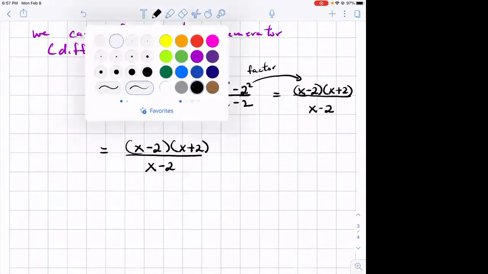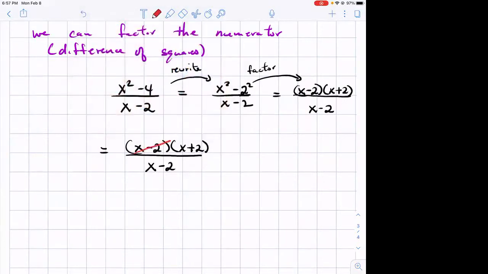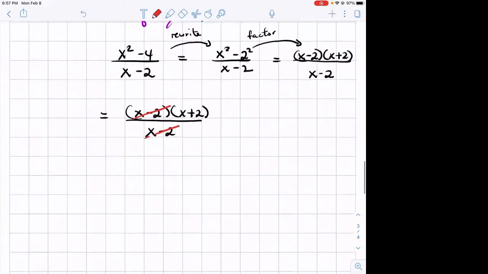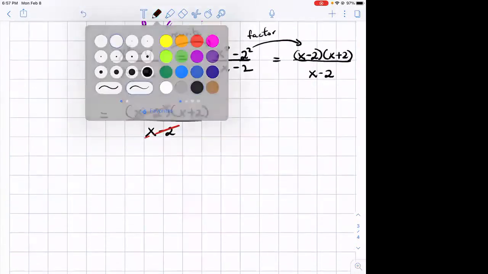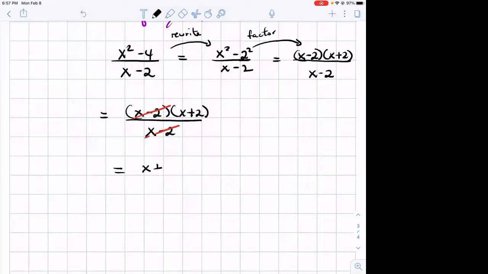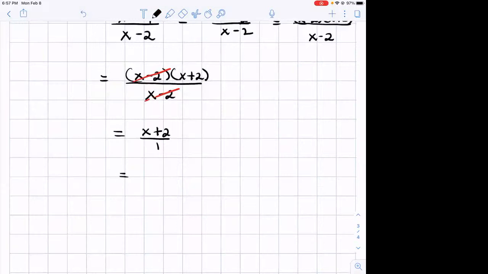And now you will notice that this numerator will cancel with that denominator, leaving you with x plus 2. So this is our simplification. Well, you can say x plus 2 over 1, which is equal to x plus 2.